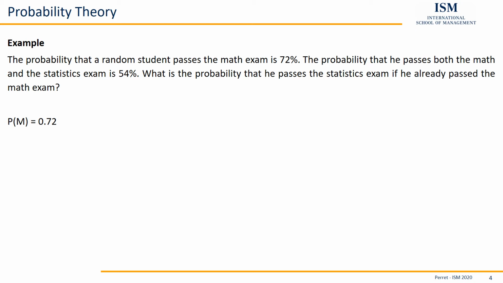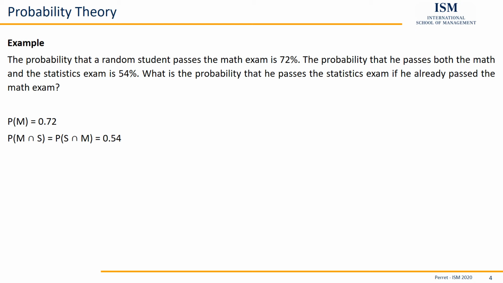Then we have the 54%, that's math and statistics. Both are passed. So here we have the probability of M intersects S, where S is for passing statistics. And this means both happen. I have passed math, I have passed statistics. The chance of this happening, 54%.